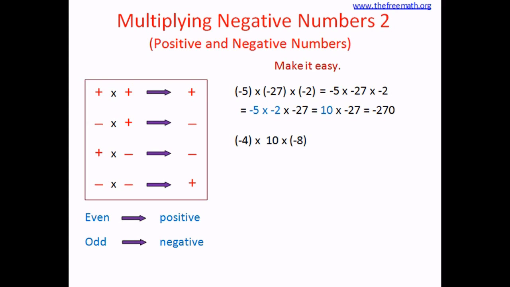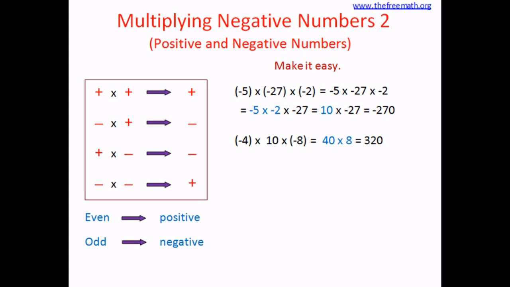Let's take another example. Negative 4 multiplied by 10 multiplied by negative 8. This problem has two negative numbers. 2 is an even number. That means the final answer will have a positive sign. So let's ignore the signs and multiply. 4 10s are 40. 40 multiplied by 8. 4 8s are 32. That means 40 8s are 320.